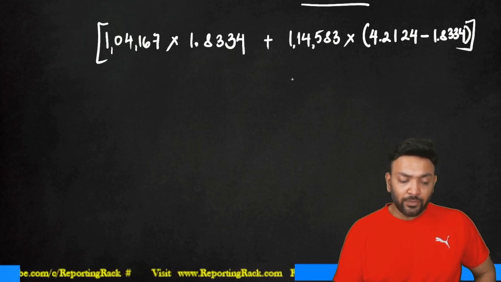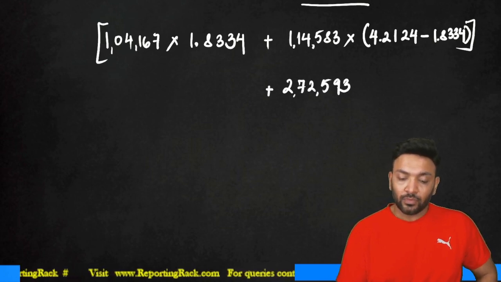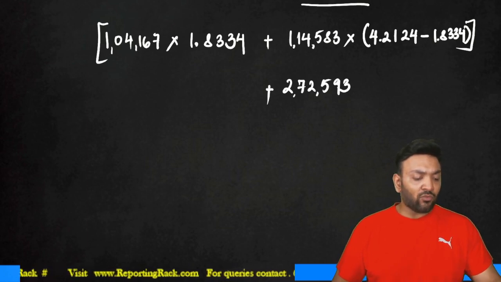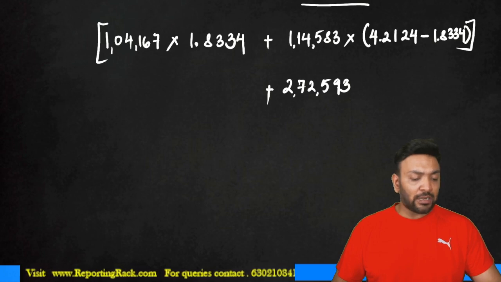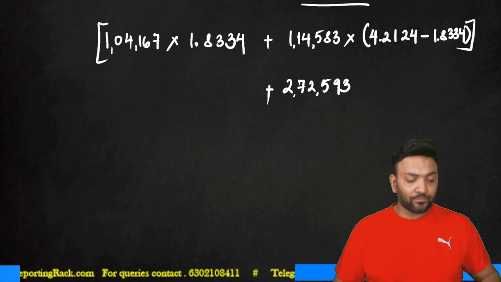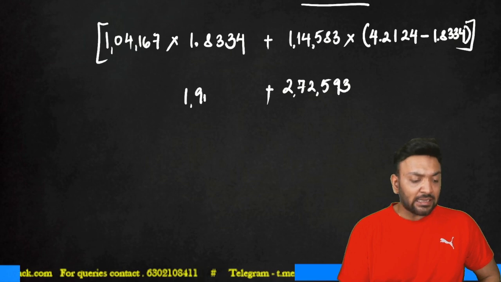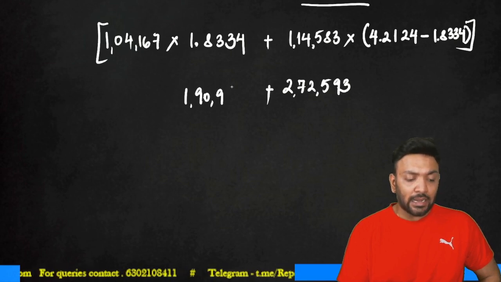This would have been 2,72,593. First part would have been 1,04,167 multiplied by 1.8334, 1,90,980.